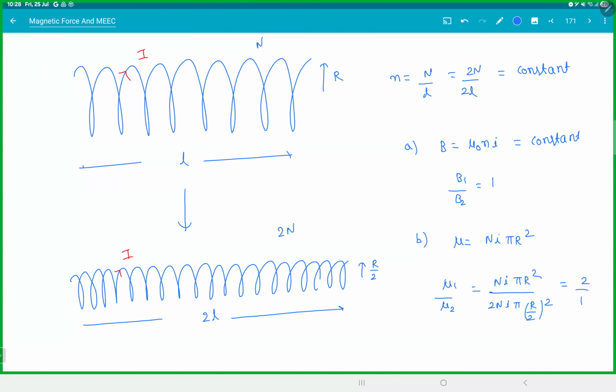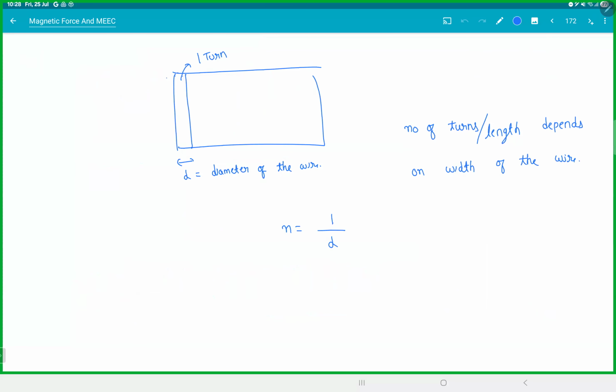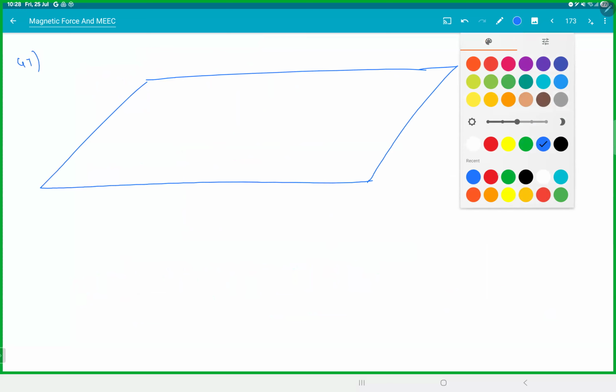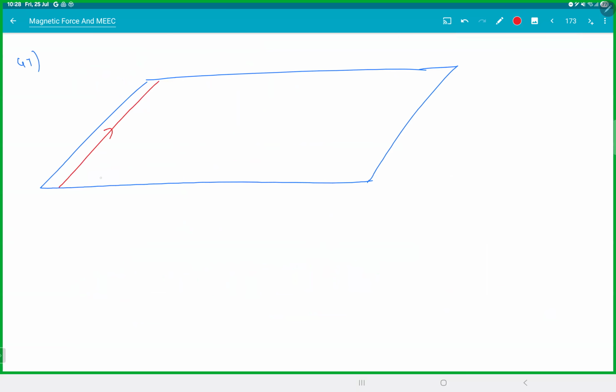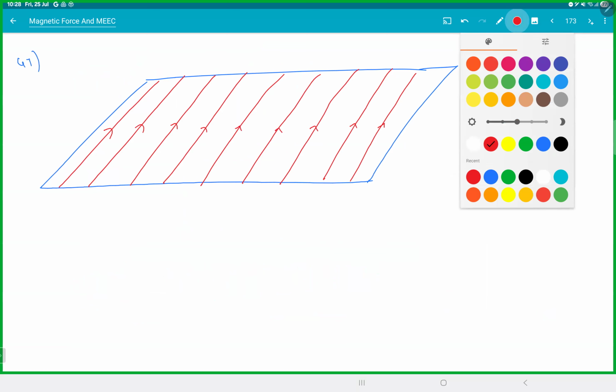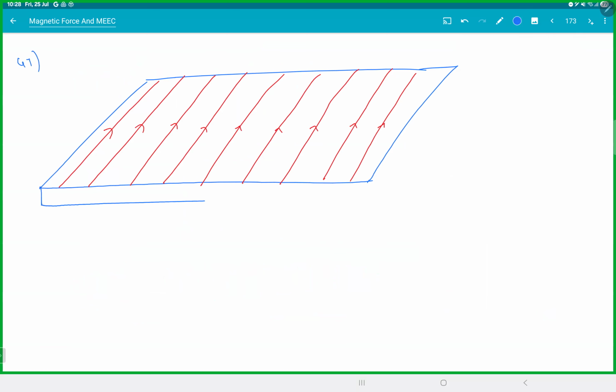Let's see one more. So we have an infinite current carrying plate. It has some thickness also. So this side is infinity.